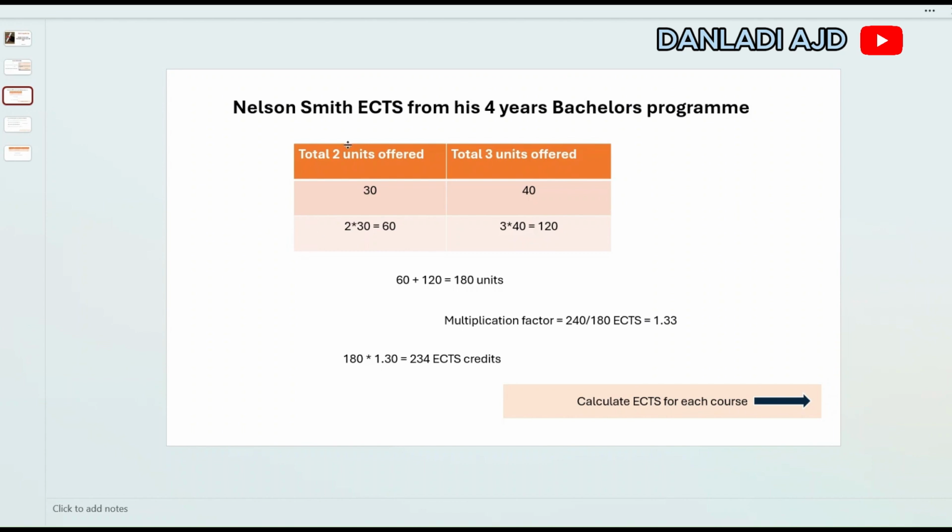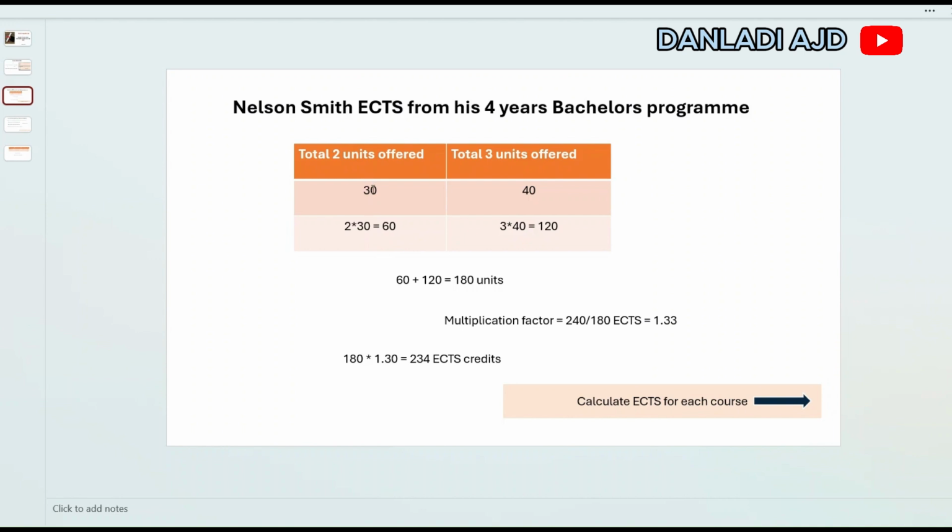Throughout, let's say in the table, the example here, throughout Mr. Nelson Smith's program, he took 30 courses of 2 units, and then he took 40 courses that were 3 units. Now, how does he go about getting the total unit credit that he obtained in his 4 years bachelor's program?